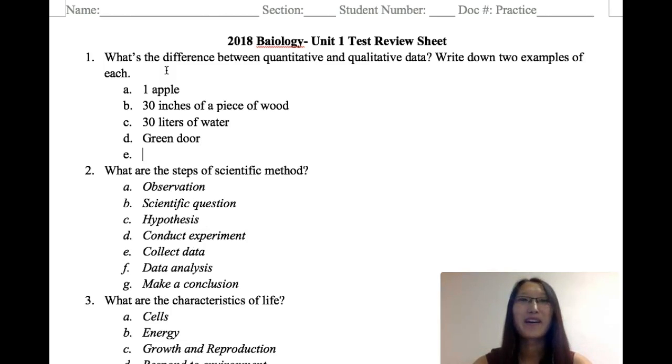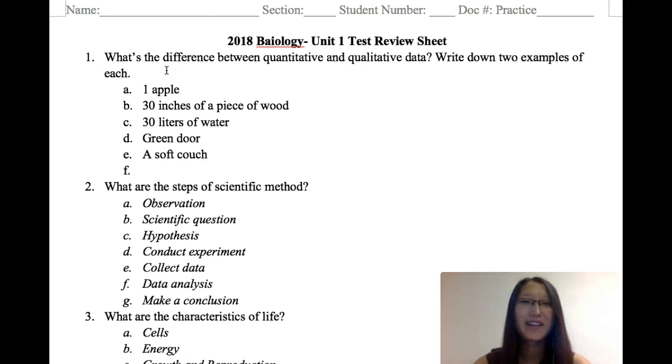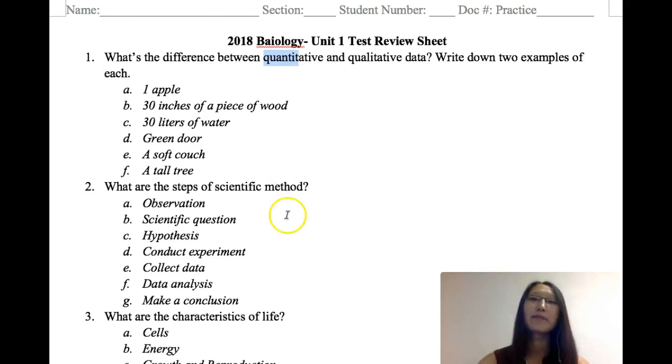If you say a soft couch, that's qualitative data. A tall tree, that's qualitative data, okay? So you want to make sure that you are able to come up with an example of quantitative data and qualitative data on your own, and make sure you don't get the two mixed up. If you just look at the word quantity, you know what a quantity is. It's something that you can measure, right?